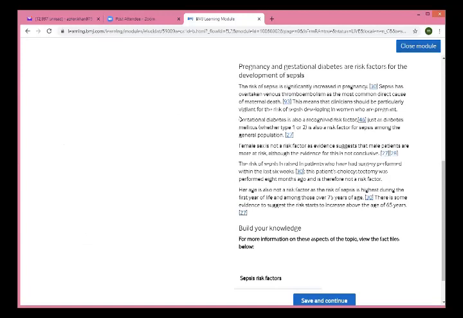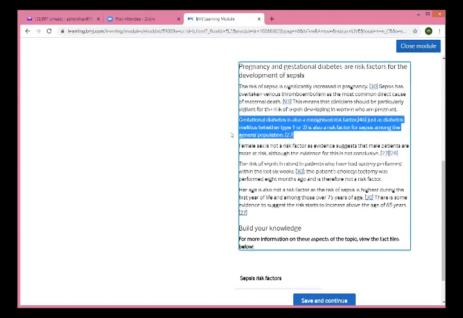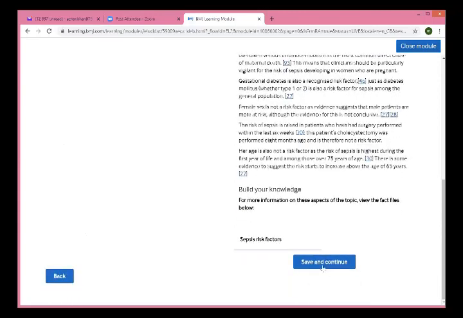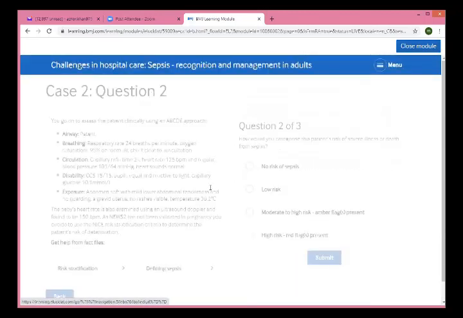Gestational diabetes is a recognized risk factor, whether type 1 or type 2. Female sex is not a risk factor. If someone has had surgery in the last 6 weeks, they are at risk of sepsis. But a previous history of sepsis before 6 weeks gives no increase in the risk. Age 75 or above is a risk.